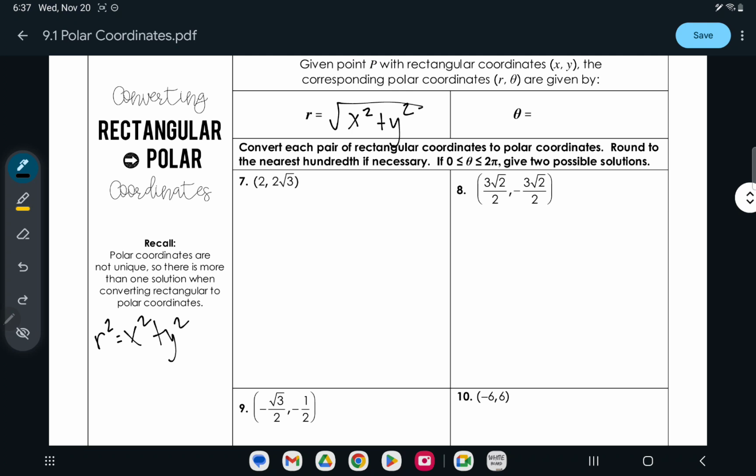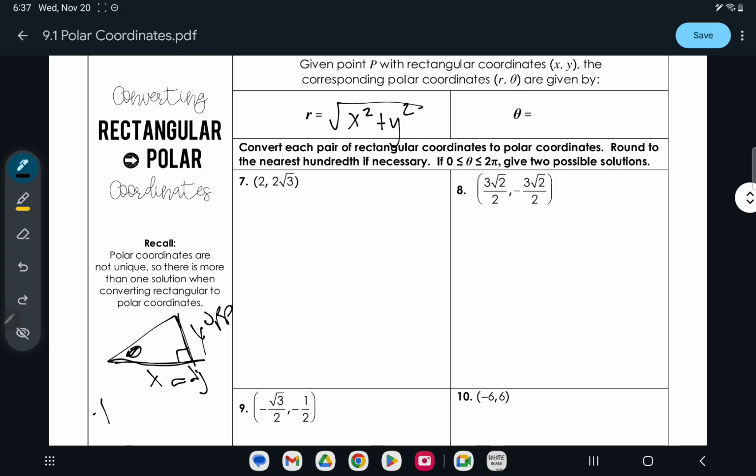Theta, how can I think of this in terms of a triangle? You've got your x distance, you've got your y distance, and we want to find theta. So we have opposite and adjacent.